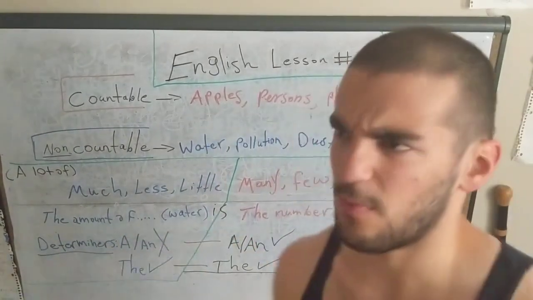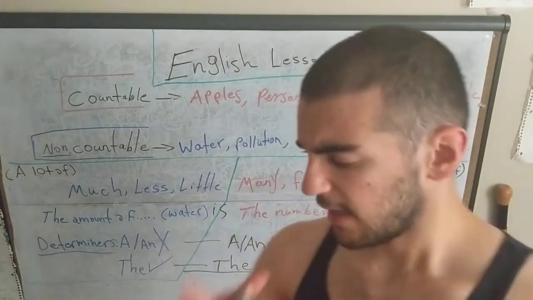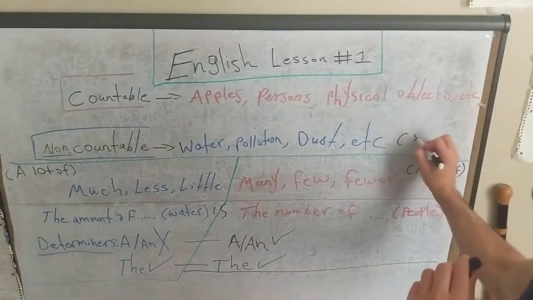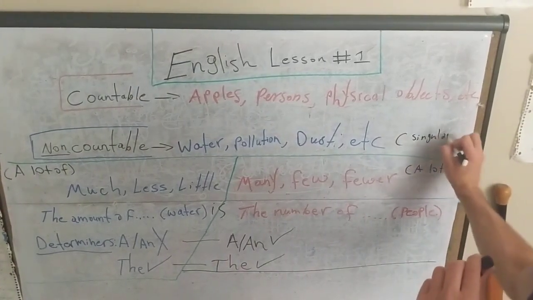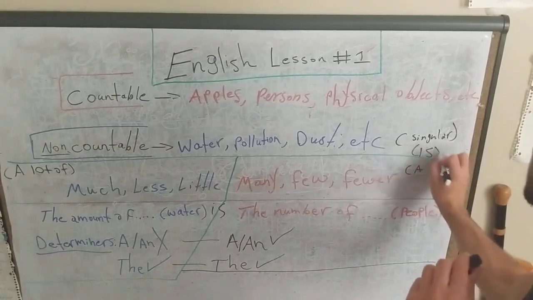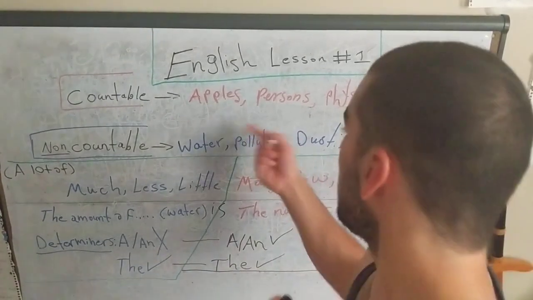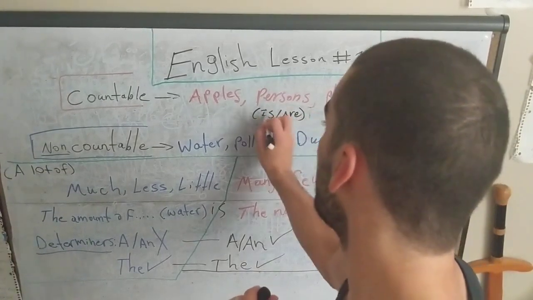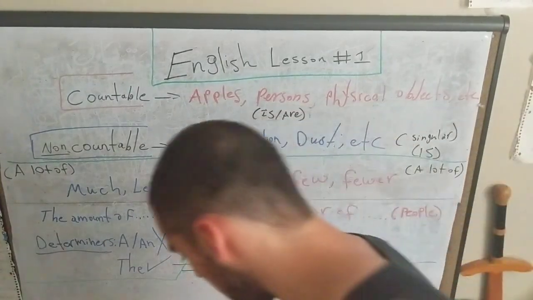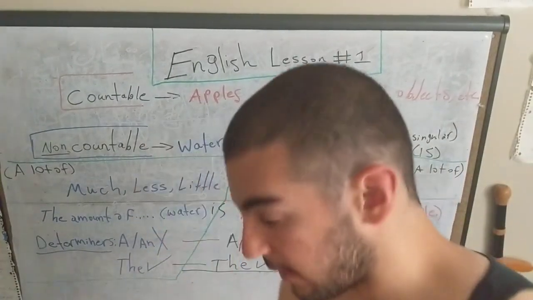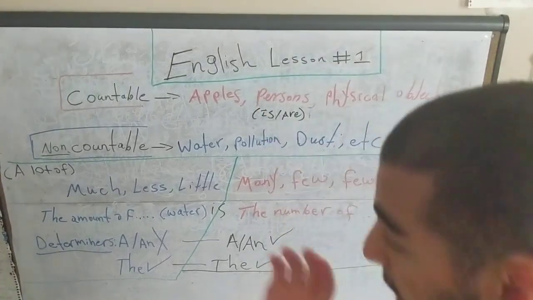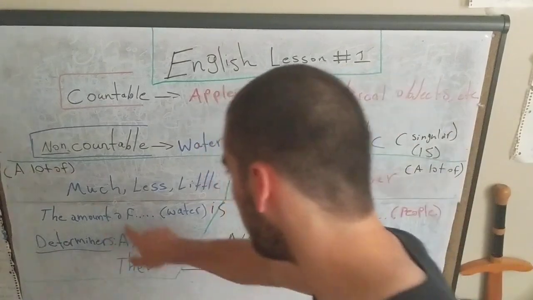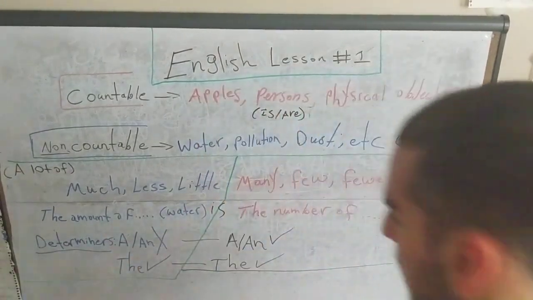You don't say the amount of water are because any sort of non-countable is singular. Okay? You must use the verb is, okay? Countable, you can use the verb is, or you can say are, okay? So is or are, depending on the noun, whether it be singular or plural. But for non-countable, it is always singular, okay? The amount of water is, okay?